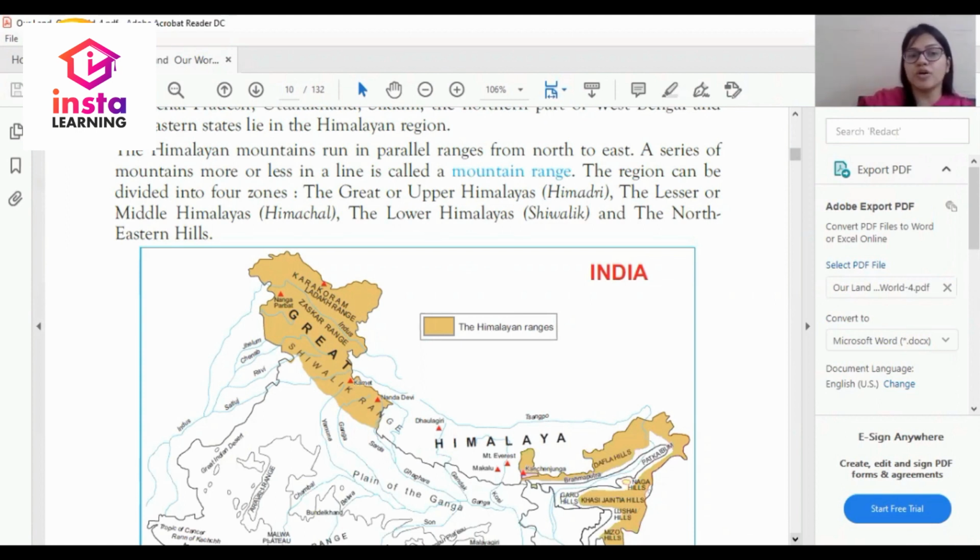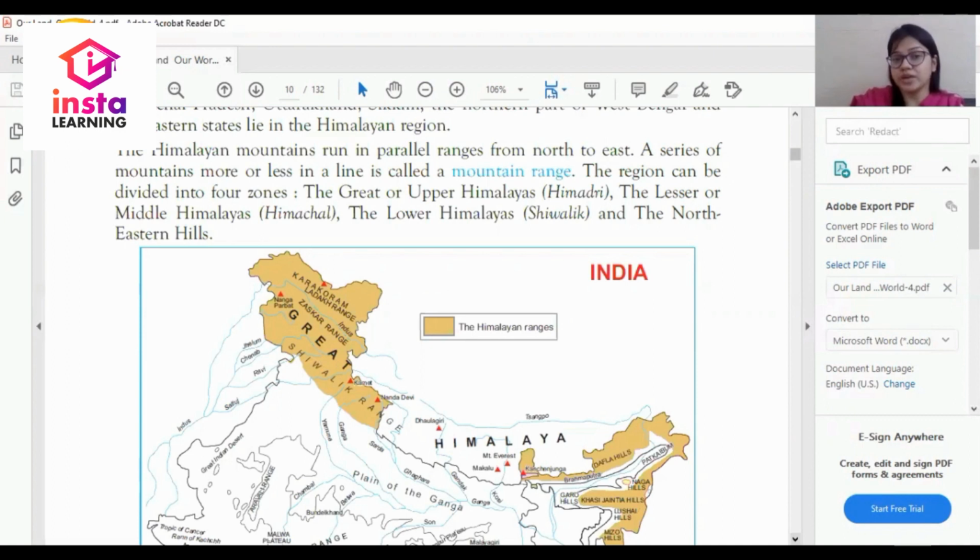The Lesser or Middle Himalayas, which is called Himachal, the Lower Himalayas, which is called Shivalik, and the northeastern hills. So the mountain ranges are divided into how many regions? The mountain region can be divided into 4 zones.